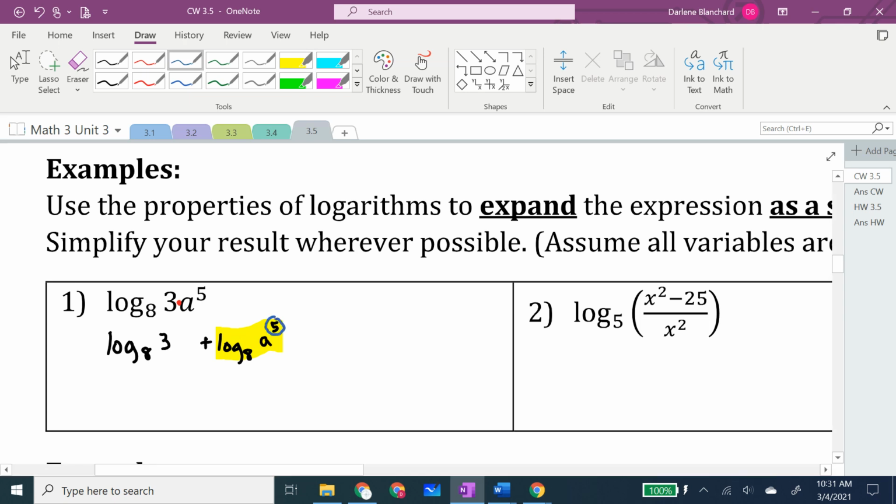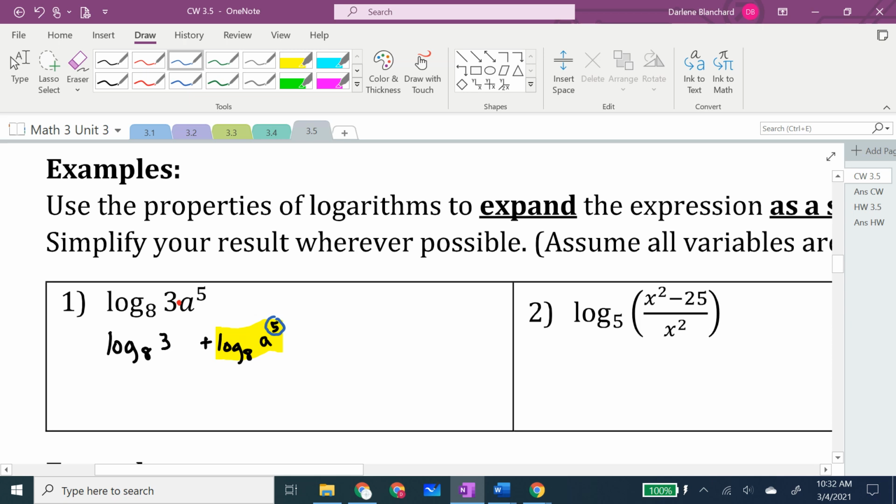I can take this exponent, and I am actually taming an exponent. I'm taking something that is an exponent and turning it into multiplication. I see that as taming it. Logarithms have to tame the exponentials.